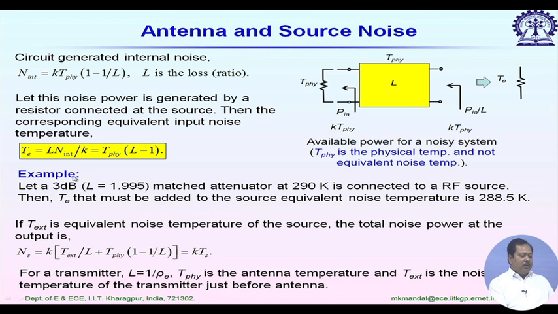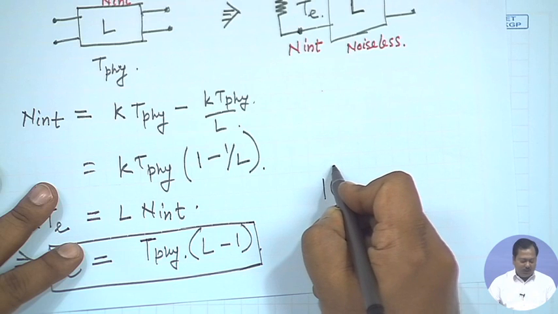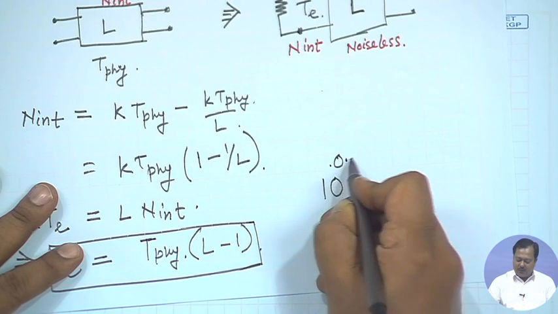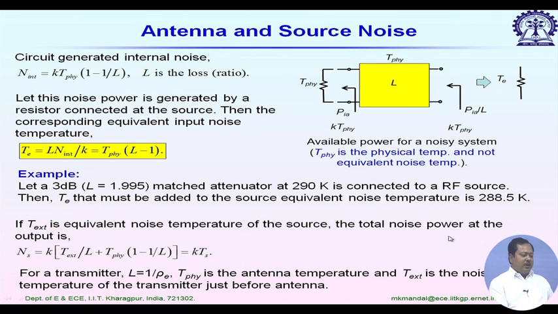So how are we getting this? The 3 dB we are considering as power loss, so in fraction L is simply 10 to the power 0.3. You put the value of L here, then Te is equal to T physical, which is 290, multiplied by L minus 1. So it is 0.995 and the value is 288.5 Kelvin. Okay, so now we will take a break.